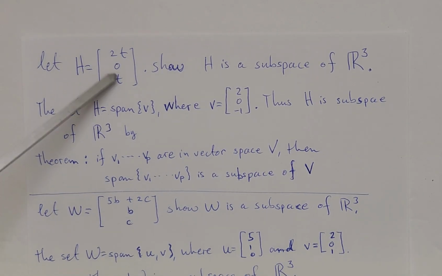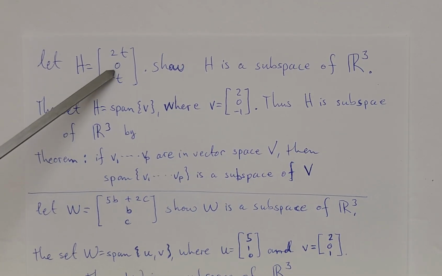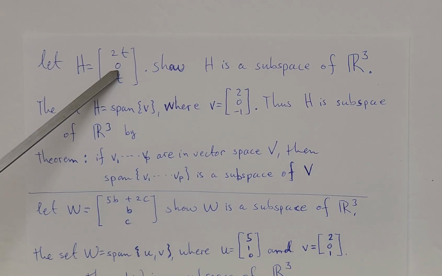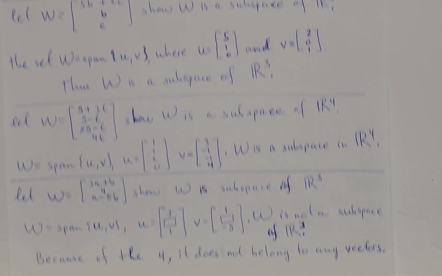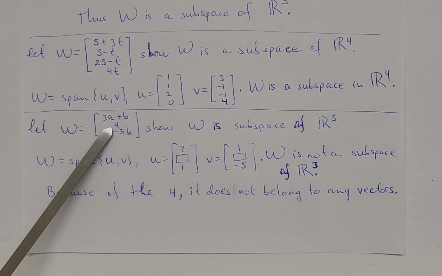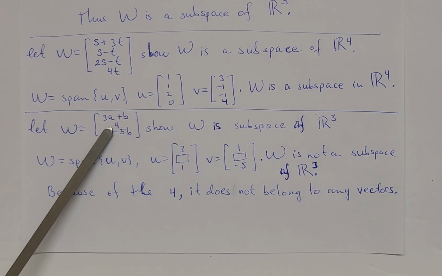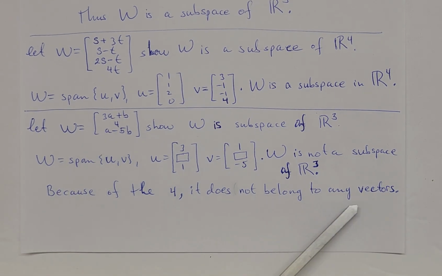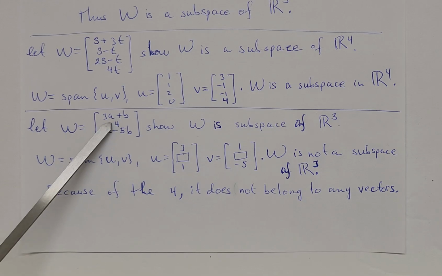If I have a 0, then it is okay, because you can have 0T. That's why I didn't write 0T, because anything times 0 is just 0. So it's okay to have a 0. But down here, I have a 4. This 4 doesn't have a variable. So anything that is not a 0 doesn't belong to any vectors. One more time, if it's not a 0, then it doesn't belong. If it is a 0, then it is okay. So be very careful.